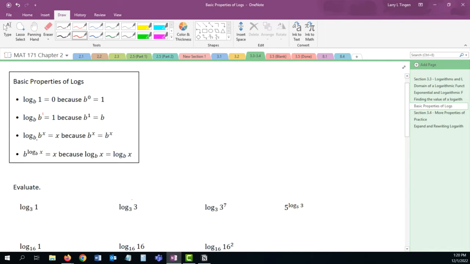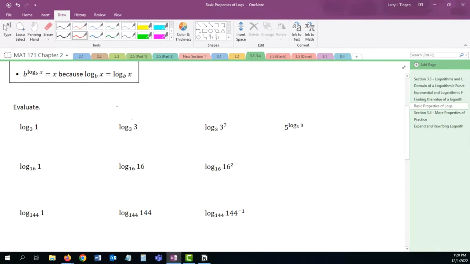Log base b of b to the x is x, right? If the base and the argument have the same base and the argument has an exponent, the answer is the exponent. And then lastly, I'm not going to quiz you on why this happens. I just want you to see it. If I have a base and I raise it to the log of that same base, the answer becomes the argument. B to the log base b of x equals x.